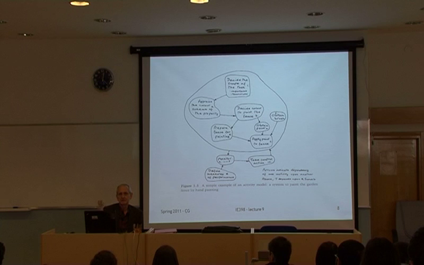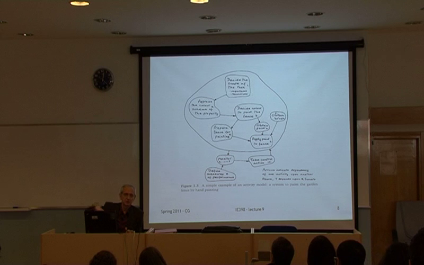The paint has started falling off, and it looks old, and you would like to paint your fence to make it look nice and beautiful. A simple activity model for a system to paint the garden fence by hand painting. You have decided to paint your fence yourself because it will be cheaper, and you will take a brush and select a paint and paint it.